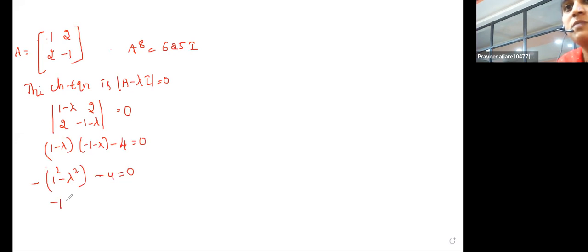From that, lambda square minus 5 is equal to 0. The Cayley-Hamilton theorem states that every square matrix satisfies its own characteristic equation. Write down the statement here.